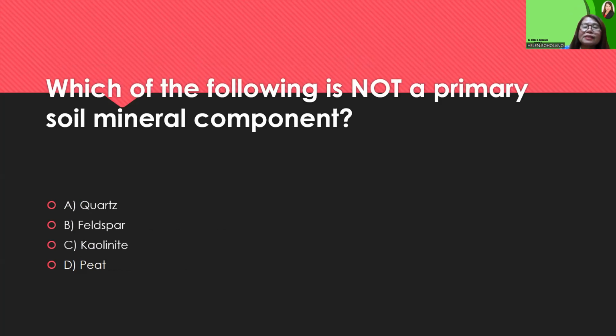Which of the following is not a primary soil mineral component? A, quartz, B, feldspar, C, kaolinite, or D, peat? Okay, thank you. The right answer here is peat.